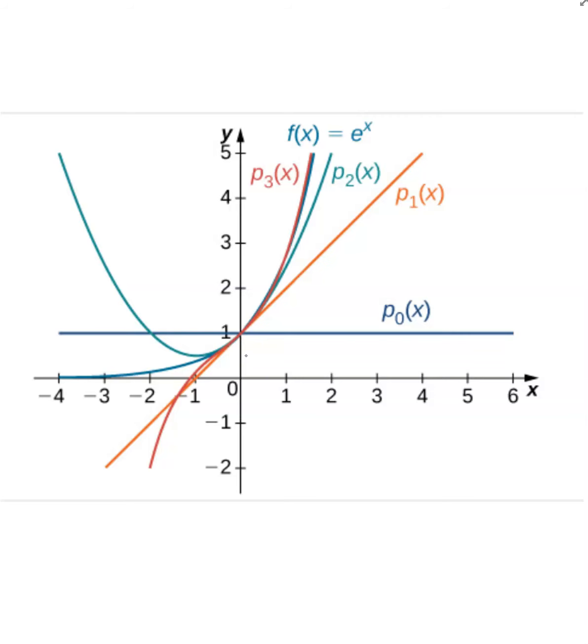P2 is a quadratic, right? It's 1 plus x plus half x squared, so you see the parabola. Then P3 is cubic, so you see the cubic function. The red one is a cubic function, and beautifully they all meet at 1 when they pass through the y-axis.